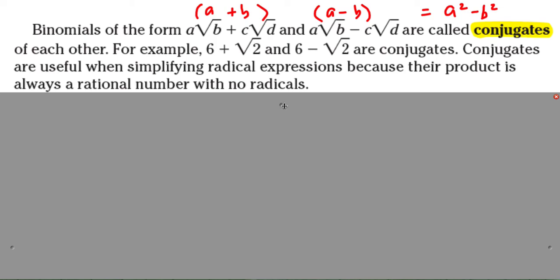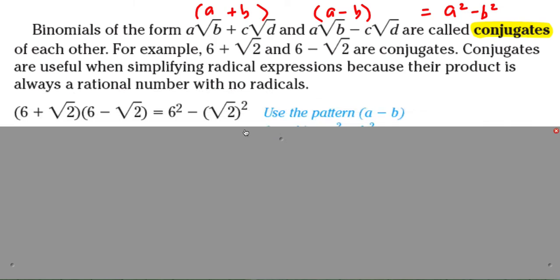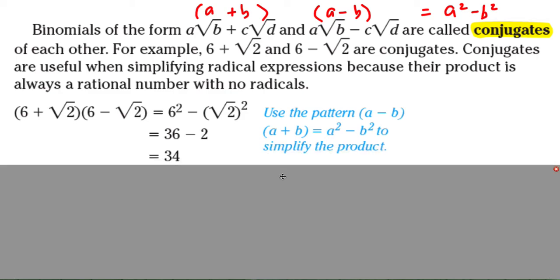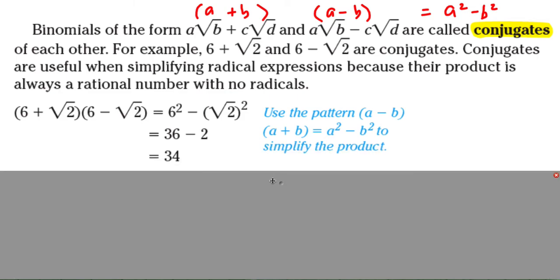So if you get 6 plus radical 2 times the quantity 6 minus radical 2, using a difference of squares, that's the same as 6 squared minus radical 2 squared. And this becomes 36 minus 2, or simply 34. Okay, so again, this is your pattern right here, difference of squares, to simplify the product.